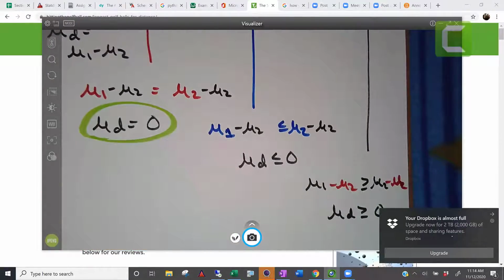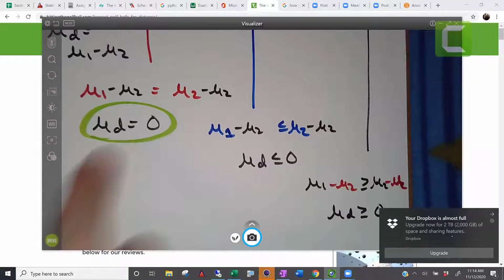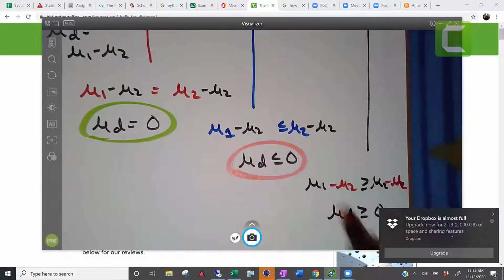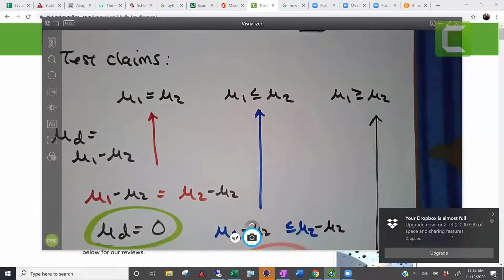I can test the average difference. So mu is the average, d is for difference. The average difference is 0, the average difference is less than 0, or the average difference is greater than 0. But all 3 of these are equivalent to the same kind of test that we did back in section 9.2.